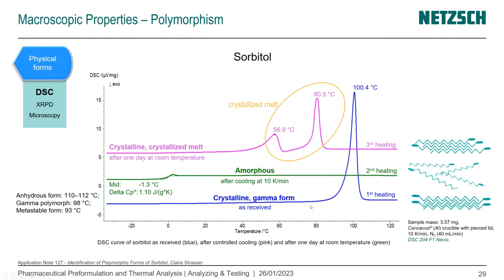So at the beginning we had only 1 peak, and here we have 2. And in accordance with the literature, this form that we have in this condition here is called crystallized melt.